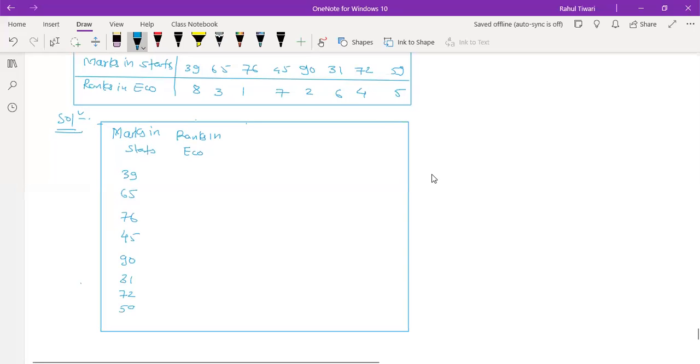And the ranks in economics are given 8, 3, 1, 7, 2, 6, 4, 5. Okay. So you can assume this. Let's say this is R2.